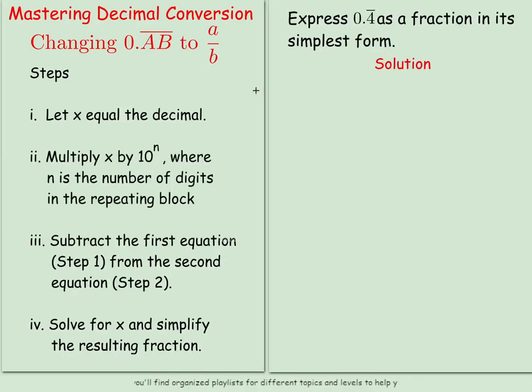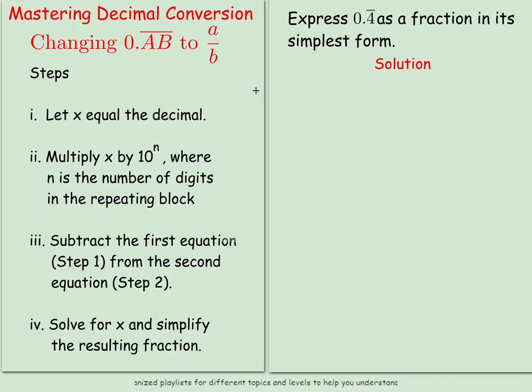So on your screen displayed are the steps we need to follow. First of all, you let x equal the decimal. Okay, I'll just read through. Then with the question we have on the right hand side, we go through it step by step, and then we'll understand what these are. So first, let x be equal to the decimal.